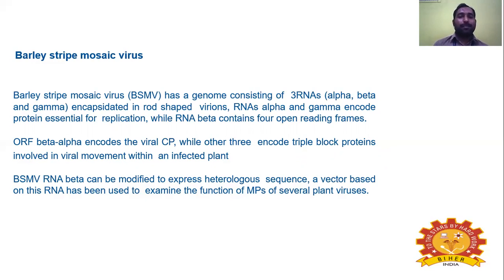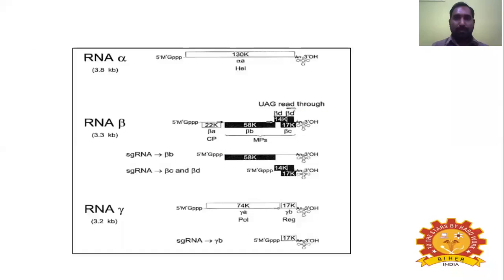The others encode a triple gene block protein, which is involved in the movement of the virus through the infected plants. This barley stripe mosaic virus RNA beta can be modified to express heterologous sequences.